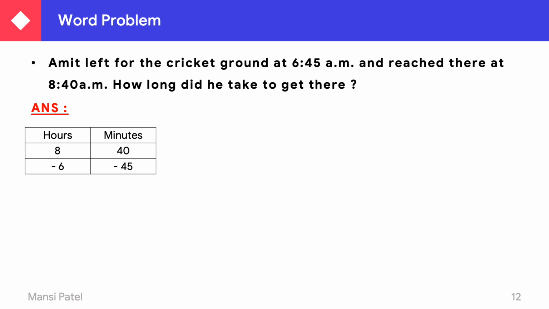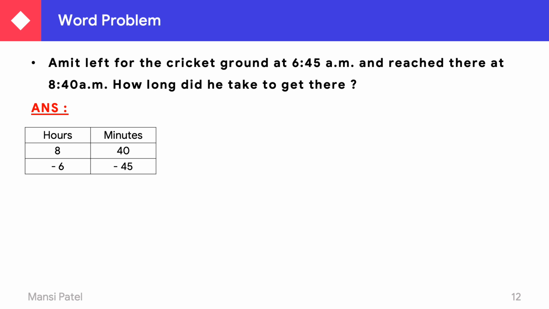Now you can see that in the minutes column you have to subtract 45 minutes from 40. It is not possible to do the subtraction. So, as per the rule of subtraction, if you are not able to do the subtraction, you have to borrow. But in this chapter, the rule is going to be changed.